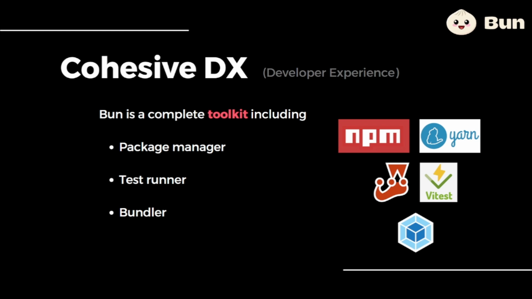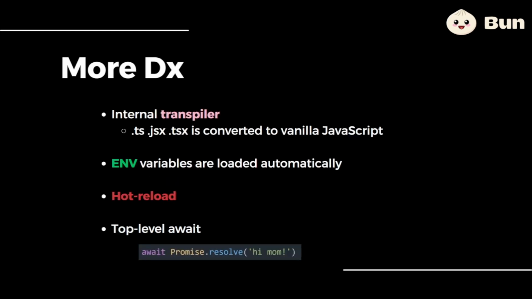These three things are the most representative of Bun, but I'm more interested in some developer experience features. First is the internal transpiler, which converts TypeScript, JSX, and TSX into vanilla JavaScript.